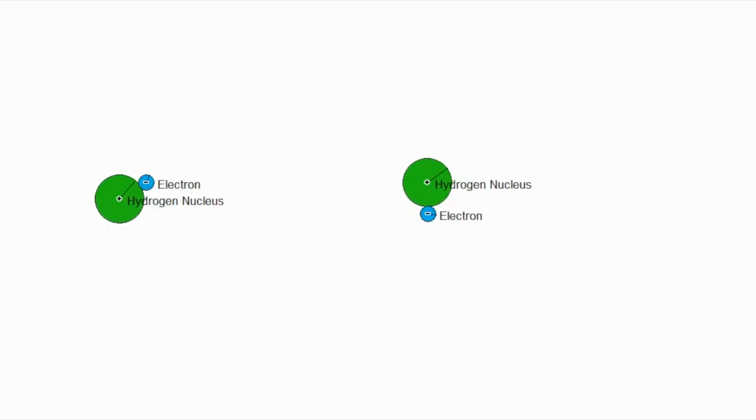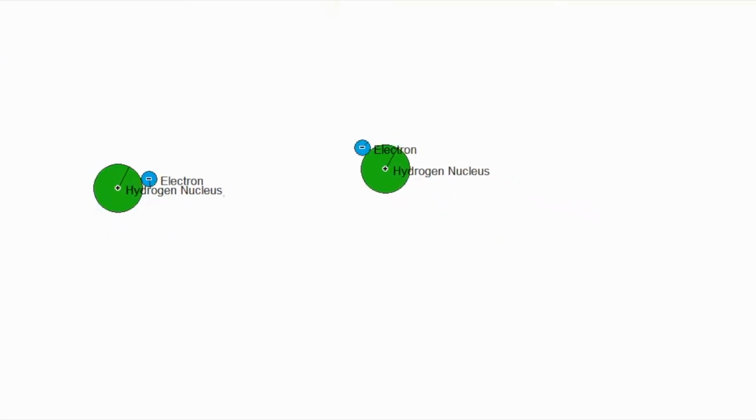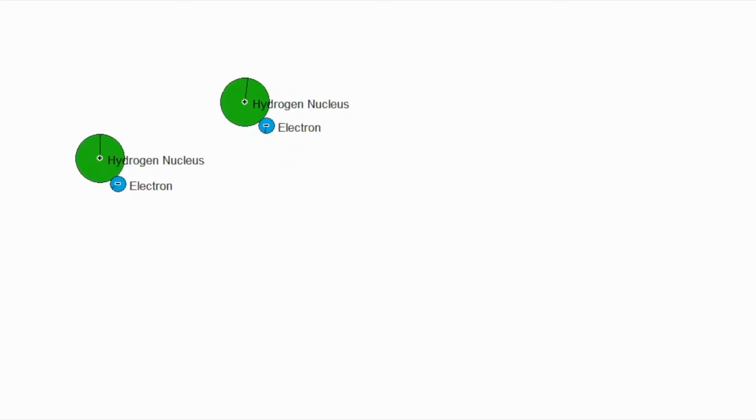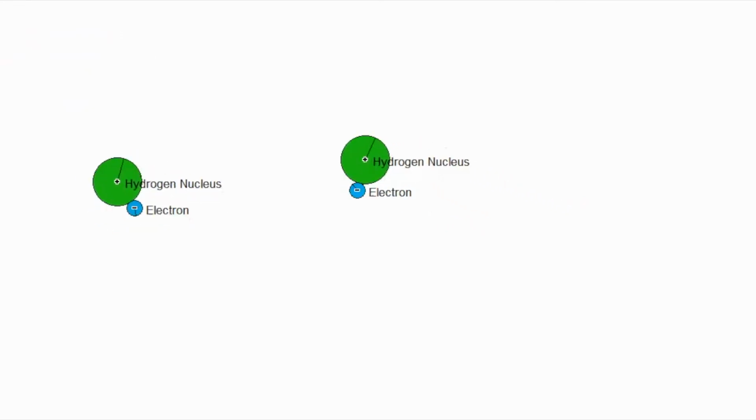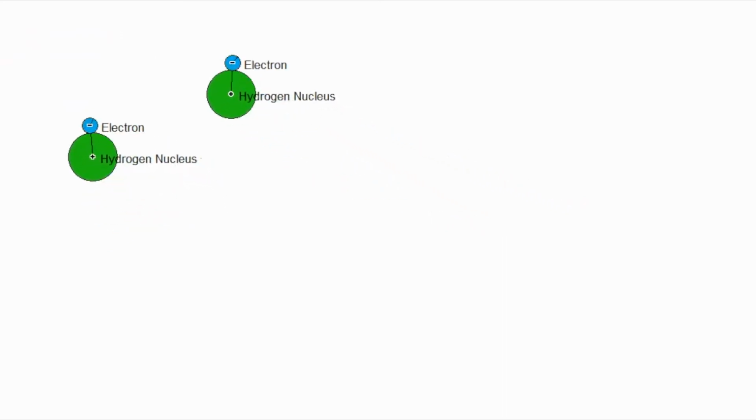We start off with 2 separate atoms, these are hydrogen atoms, that each have an electron. They both bring an electron to the party. And their electrons are attracted to each other's protons, the nucleus, and they come together to form a diatomic molecule. The sharing of electrons between these 2 atoms is what forms the bond that holds the diatomic elements together.